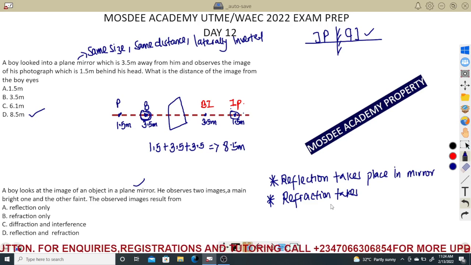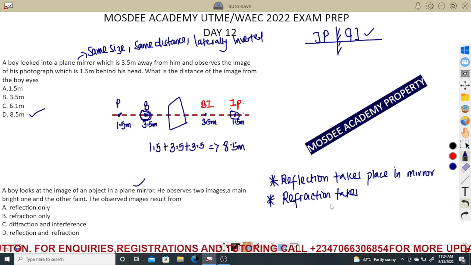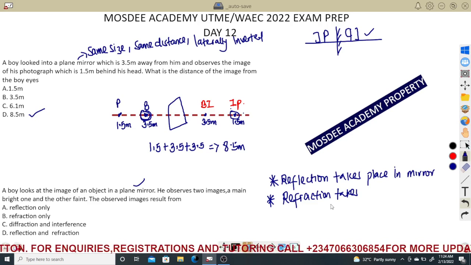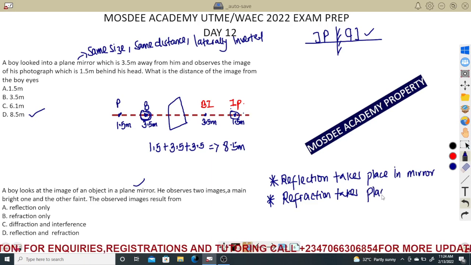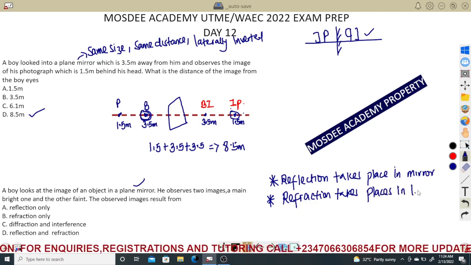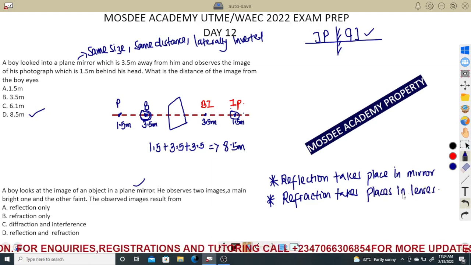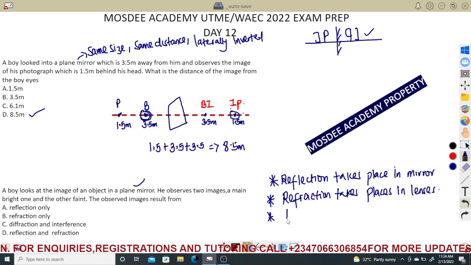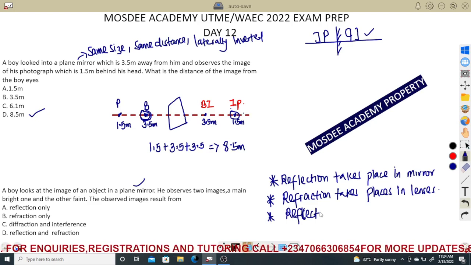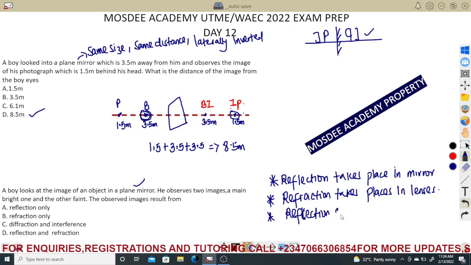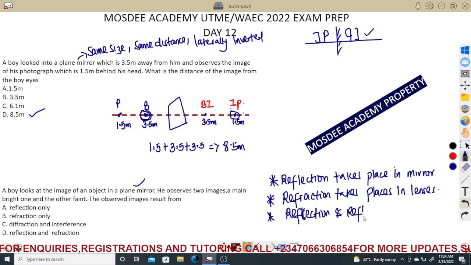I know why I'm saying that, because of A-level students, so that I won't contradict myself. You need to understand that. When we talk about a glass slab, you need to understand reflection and refraction. That is why you need to understand the concept.